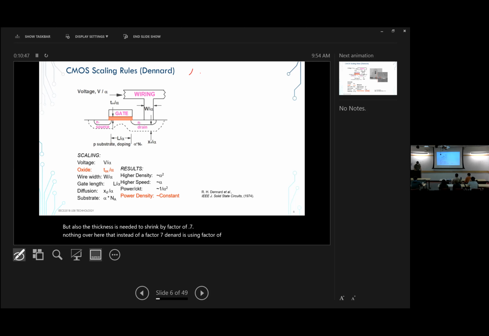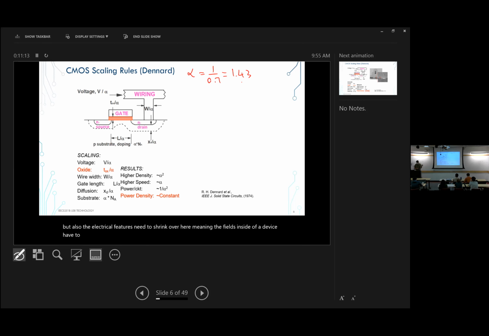Alpha is 1 over 0.7, which is about 1.43. So the oxide has to get thinner every time we shrink the device, but also the electrical features need to shrink over here, meaning the fields inside of a device have to shrink.